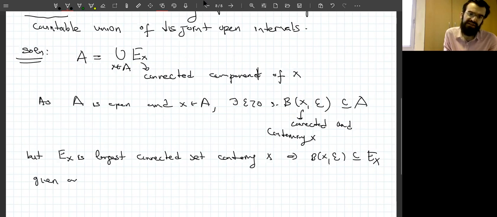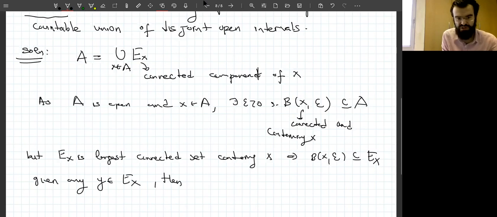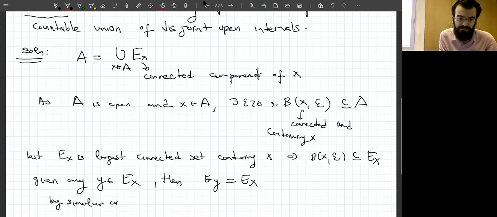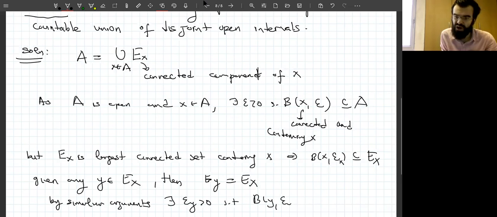Given any y in E_x, as a connected component, if you consider the connected component of y, you will see E_y equals E_x. Similarly, for this y, by similar arguments, there exists epsilon_y greater than 0 such that the ball B(y, epsilon_y) is contained in here.